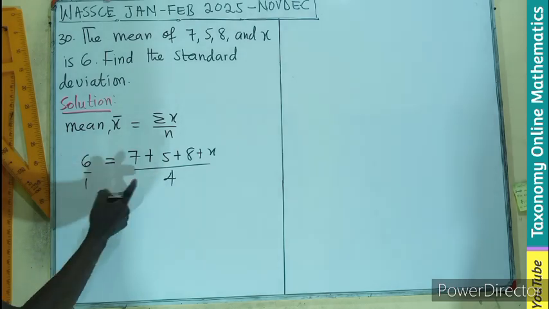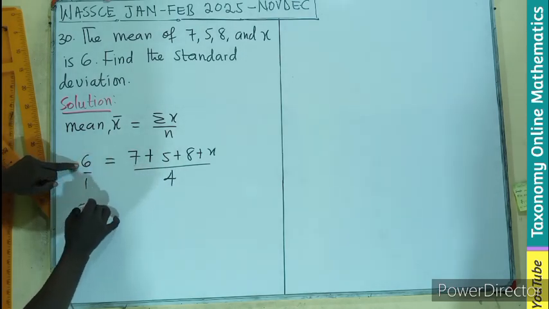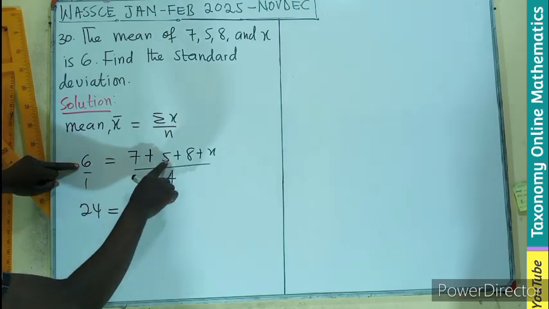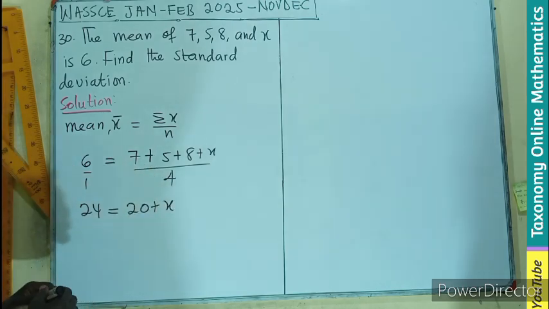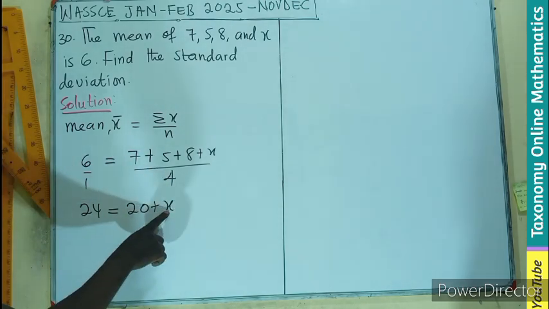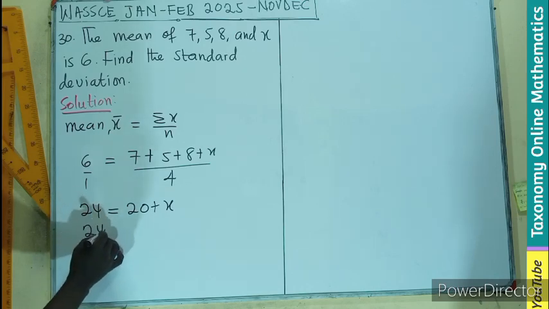Remember, I can cross multiply here. So 4 times 6 will give me 24 equals, this should be 12, right? So 20 plus x. This is just a simple equation where we keep the x and subtract 20 from both sides.